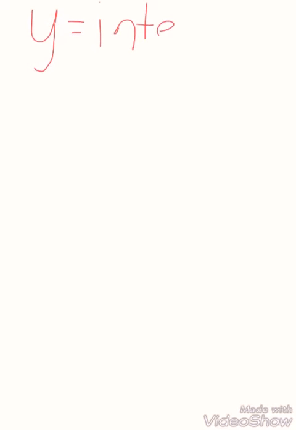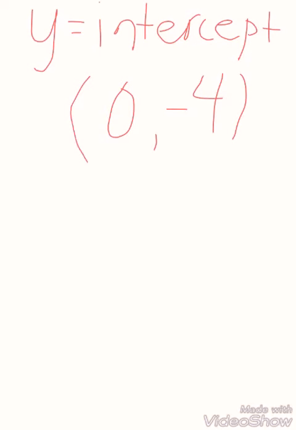And so we're going to get the y-intercept. As we can see in the equation earlier, the only number is negative 4. So the y-intercept is 0 and negative 4. And then we're going to get another point. We can use any number.